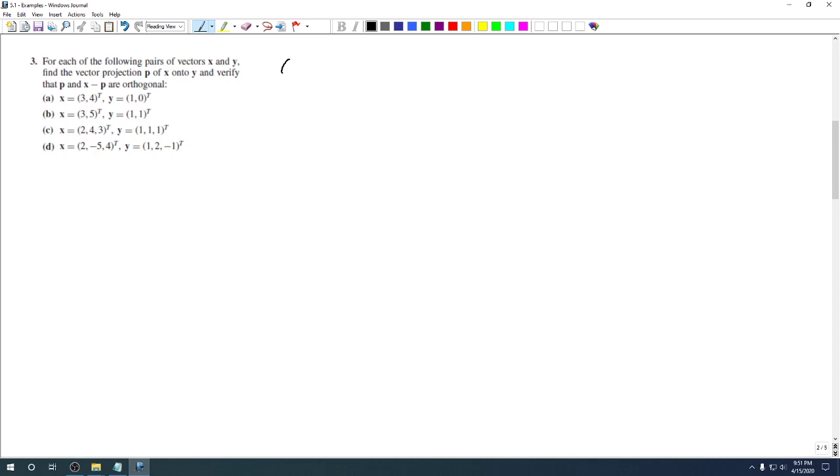Now we work on C. Do the same thing. We're going to take x transpose y. In this case, we are working in R3, so we have more stuff going on. We have a 2 times a 1, we have a 4 times a 1, and then we have 3 times 1. 2 plus 4 plus 3, we end up with 9. We also need magnitude of y squared.